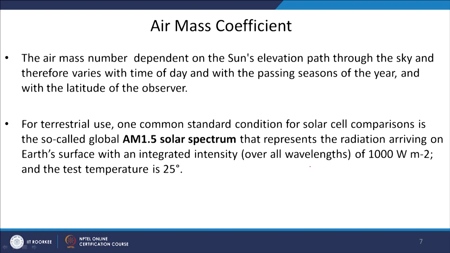For terrestrial use, one common standard condition for solar cell comparisons is the so-called global AM 1.5 solar spectrum that represents the radiation arriving on earth's surface with an integrated intensity over all wavelengths of 1000 watt per meter square, and the test atmosphere is 25 degree Celsius. So, whenever we mention the AM 1.5 spectrum, we mean an intensity of 1000 watt per meter square at a temperature of 25 degree Celsius.